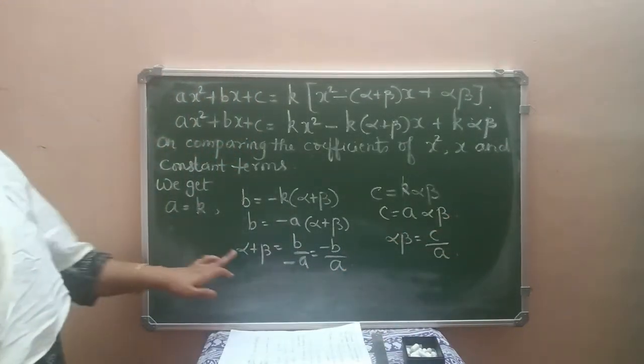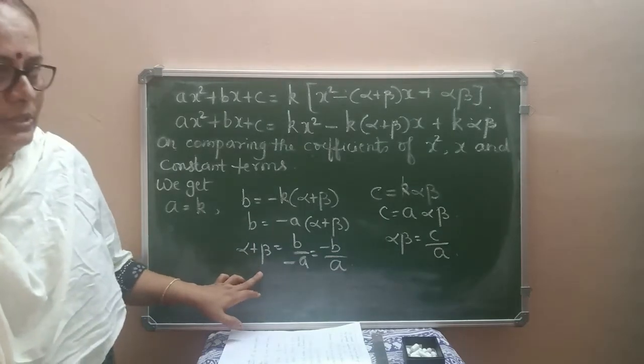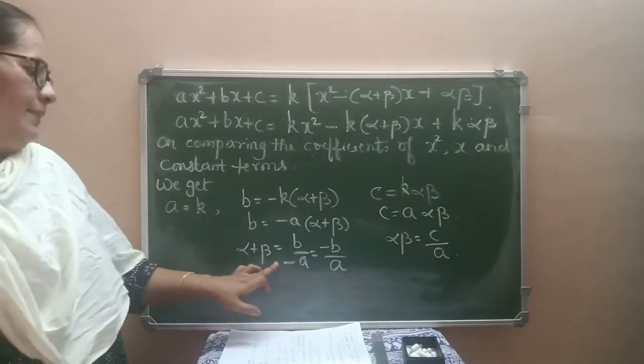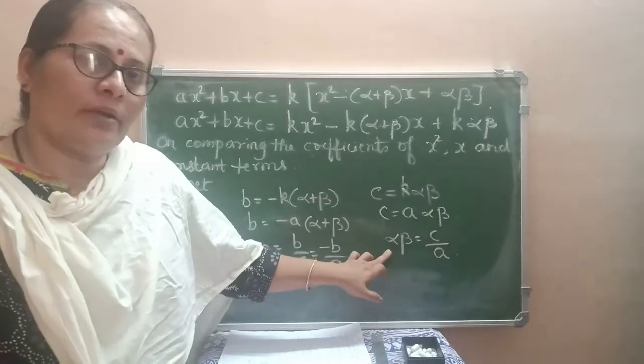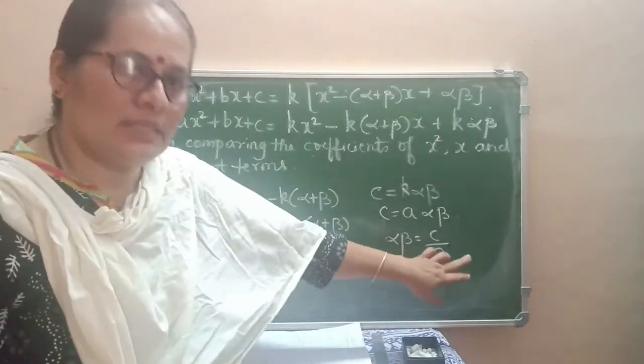Now, alpha and beta are the zeros of the polynomial. So, sum of the zeros is equal to minus b by a, and product of the zeros is equal to c by a.